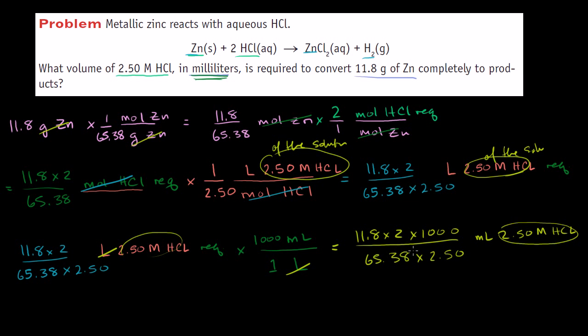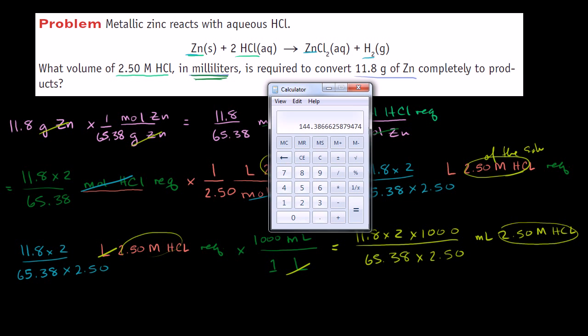We just need to calculate this number. So let's break out the calculator, and you get 11.8 times 2 times 1,000 divided by 65.38. And we're also going to divide by 2.5 because it's in the denominator. It's 144.